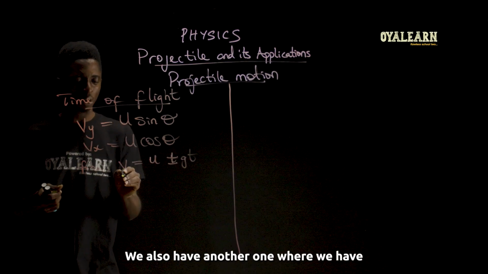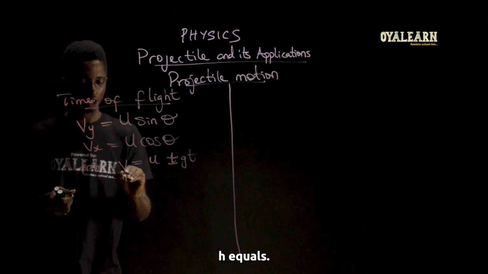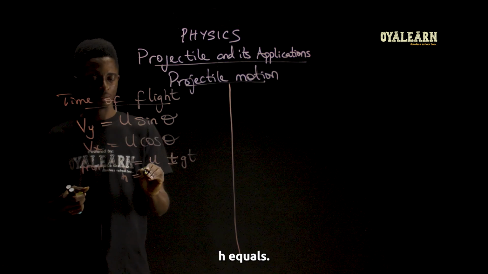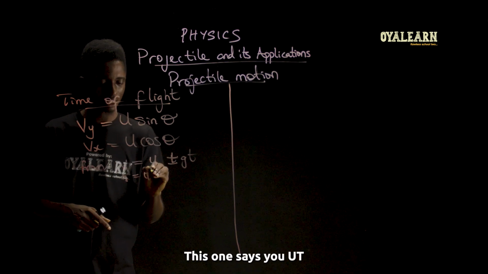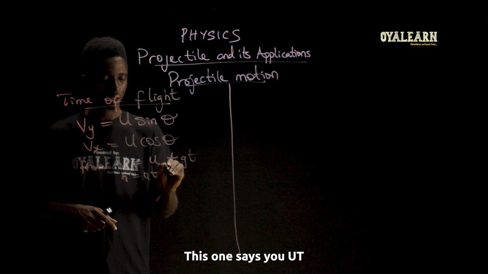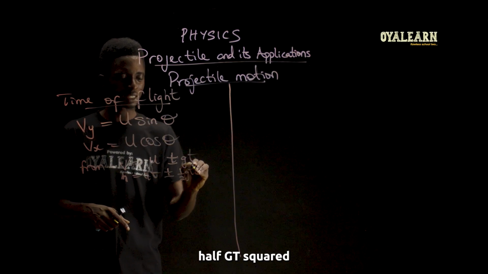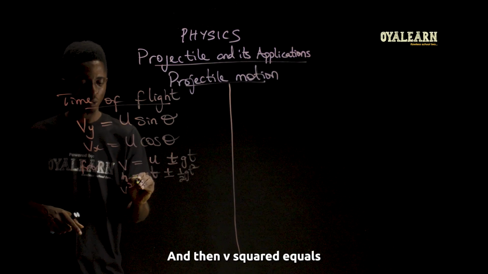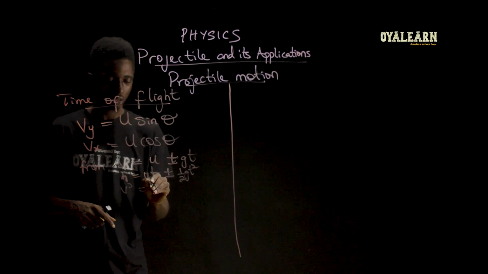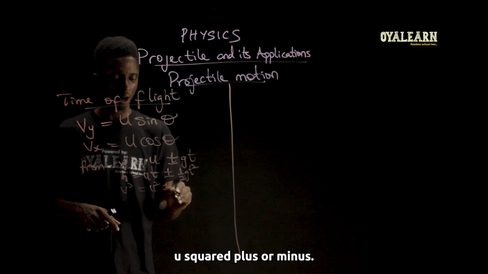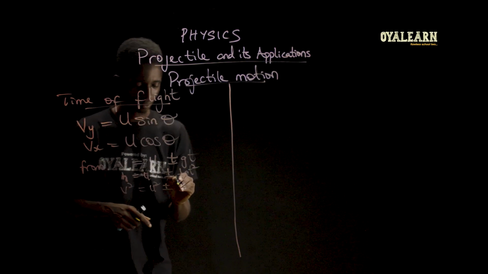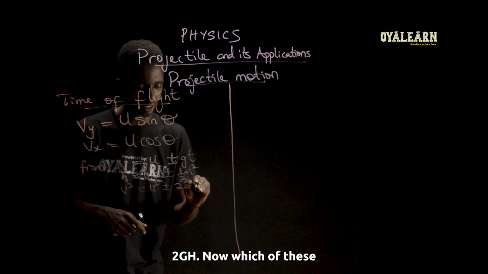We also have h equals ut plus or minus half gt squared, and then v squared equals u squared plus or minus 2gh.